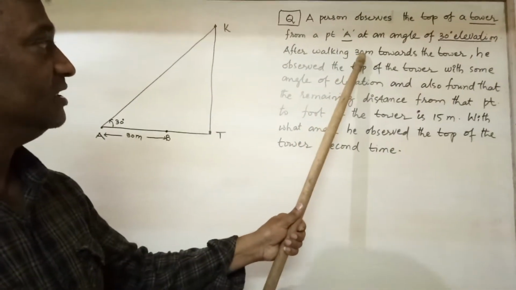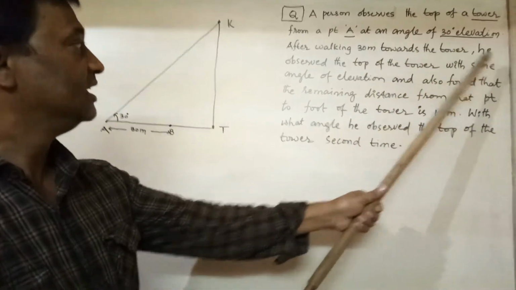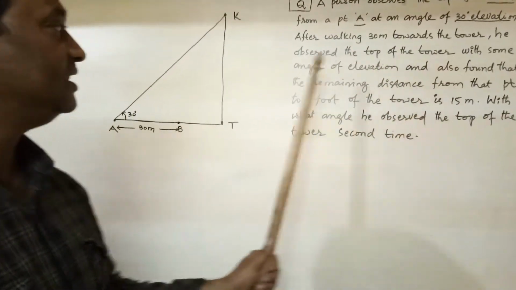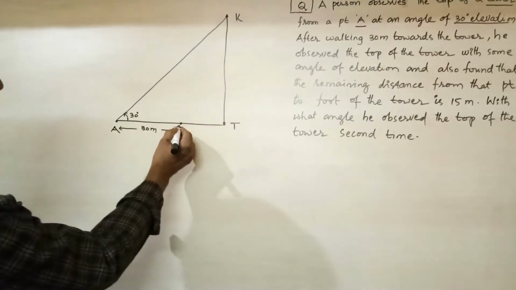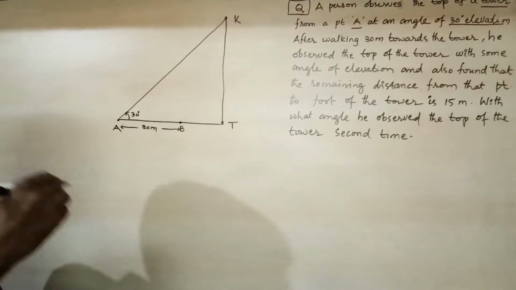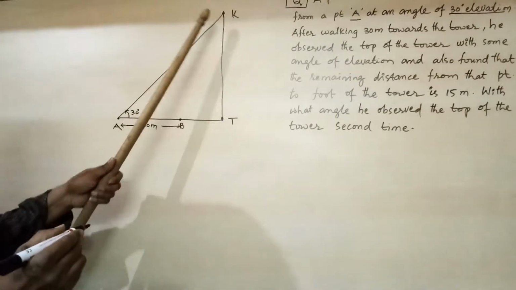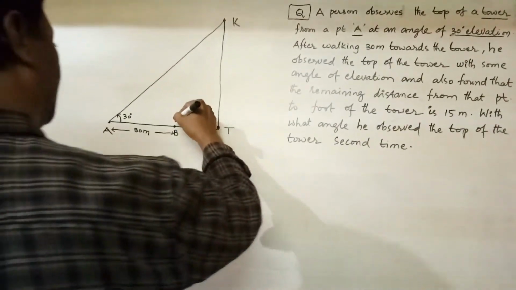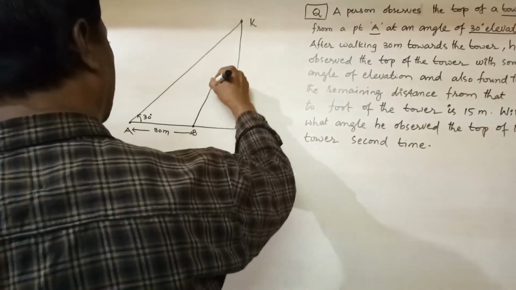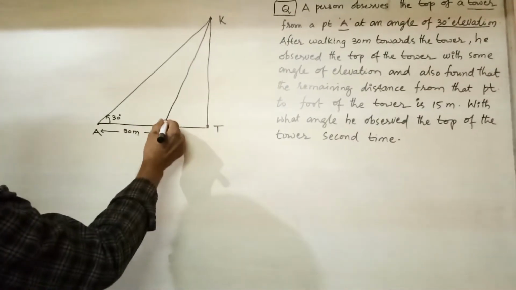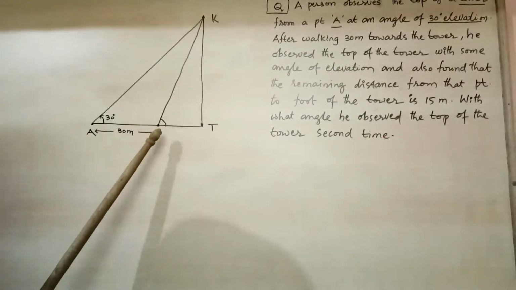After walking 30 meters towards the tower, he observed the top of the tower with some angle. From here, once again he is lifting his head to see the top of the tower, with some angle. We don't know this angle.